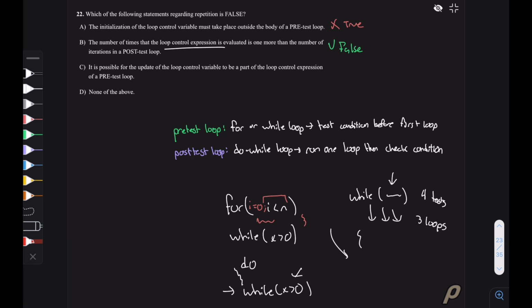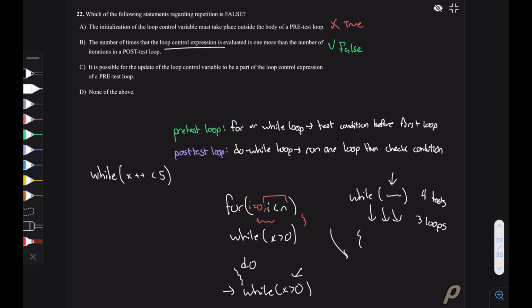And then C, it is possible for the update of the loop control variable to be part of the loop control expression in a pre-test loop. This is a very odd question, but basically what it's saying is something to the effect of, say we had a while loop, and then we have x, and we do x plus plus, maybe like less than 5, something like that.